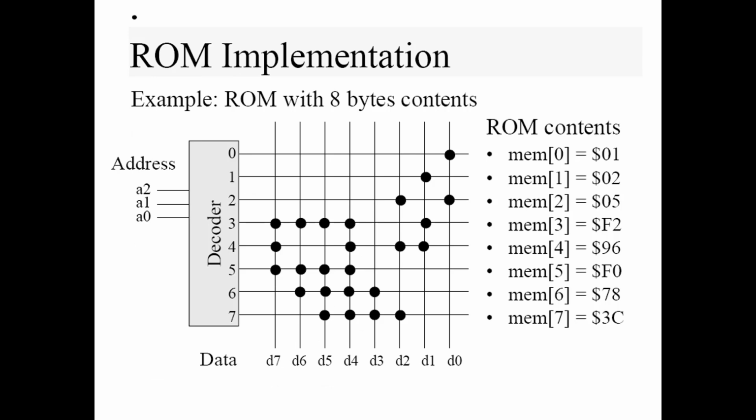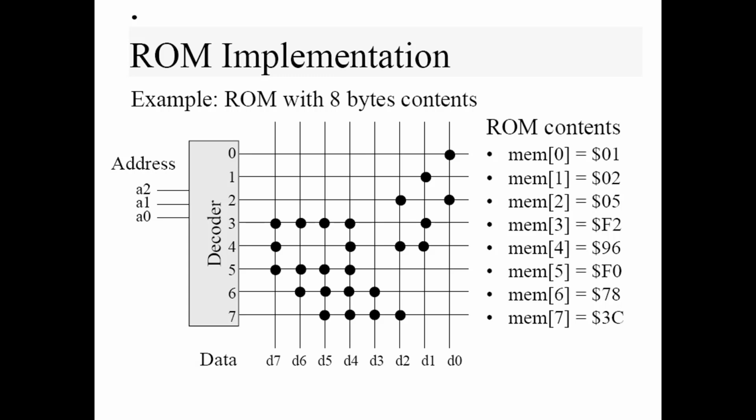Here's how the addressing works per each byte. Address 000 binary or 0 decimal accesses byte 0. Address 001 in binary or 1 decimal accesses byte 1. Address 010 binary or 2 in decimal accesses byte 2. Address 011 binary or 3 decimal accesses byte 3.